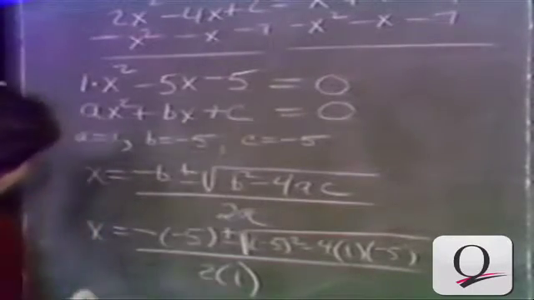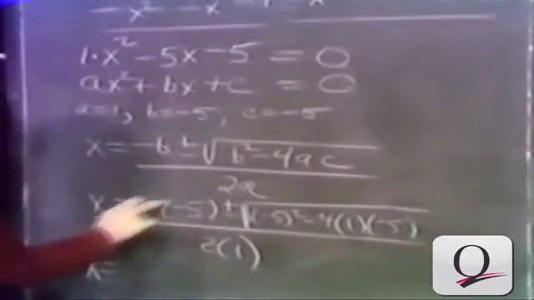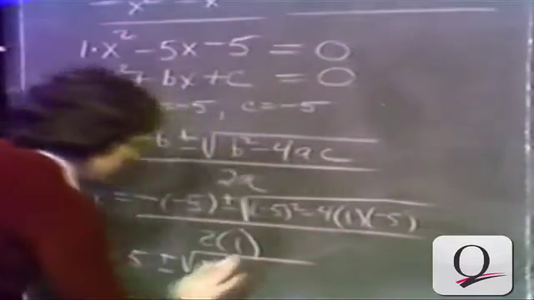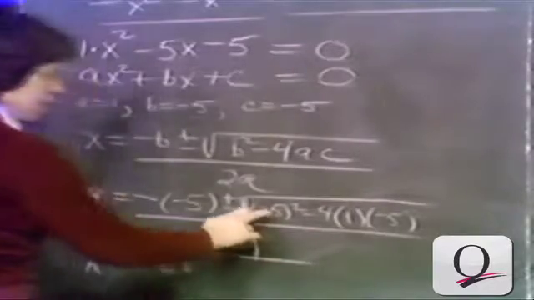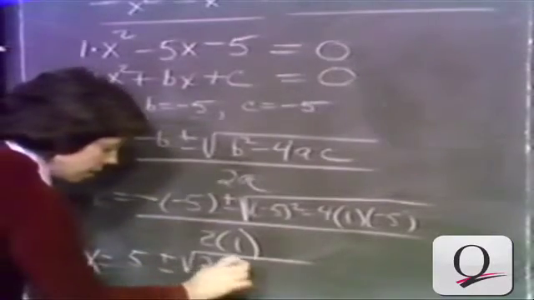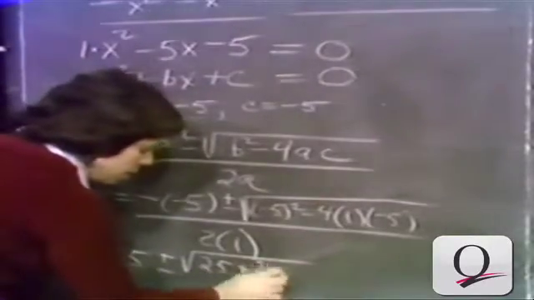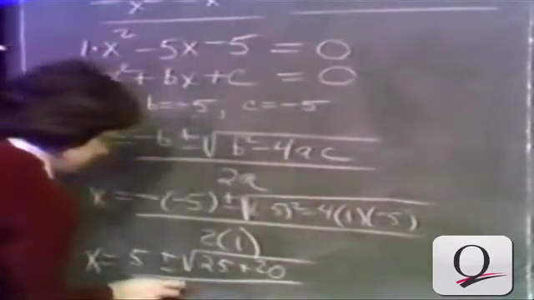So let's see what we have here. Minus or minus 5, that's plus 5, plus or minus the square root of. Here we have minus 5 squared, that's 25, minus 4 times minus 5, that's plus 20, over 2.